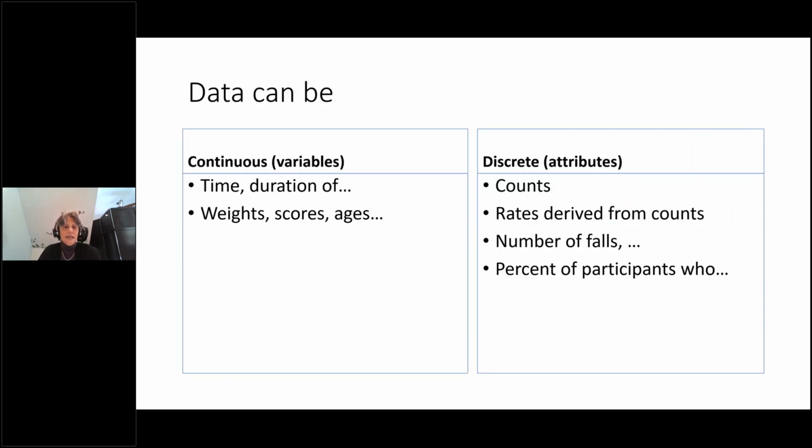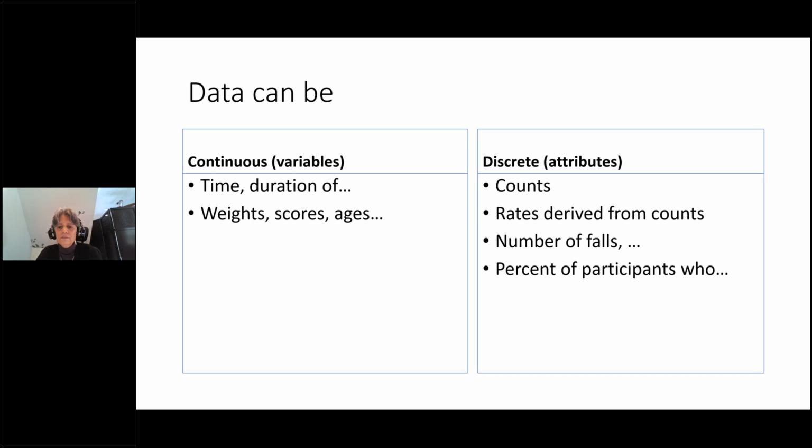Next, the data that we look at could be continuous or variable, so maybe how long something takes, the time it takes to accomplish something, the time between something, and things like weights and scores and ages are all continuous variables. Then there are discrete variables, also called attributes.